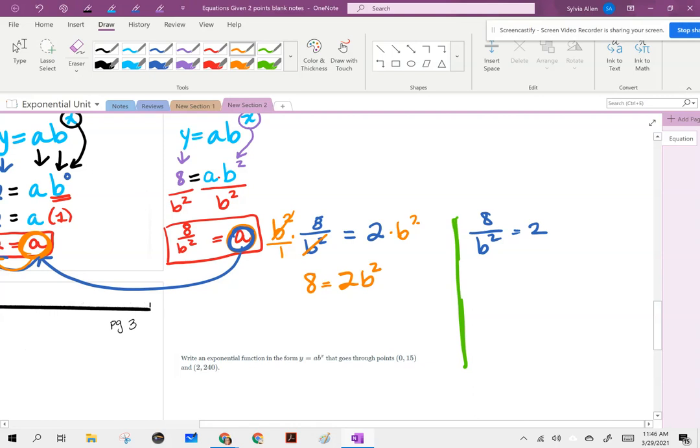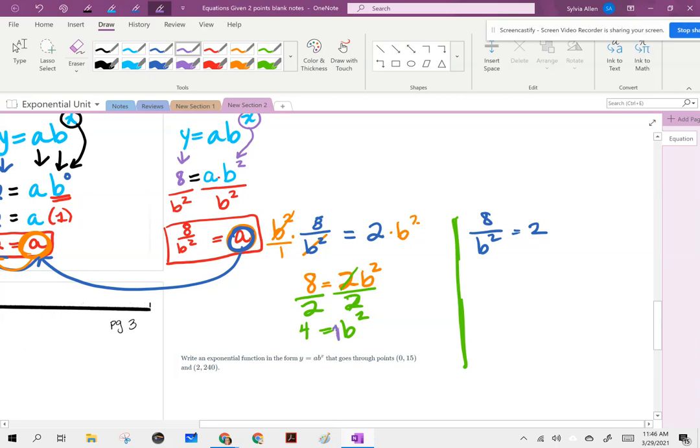And then I am going to divide by 2 because I'm trying to solve for b. Whatever I do to one side, I do to the other side. So I get b squared is equal to 4. And then, hoping that you remember this idea that when you have b squared, you have to take the inverse of that.